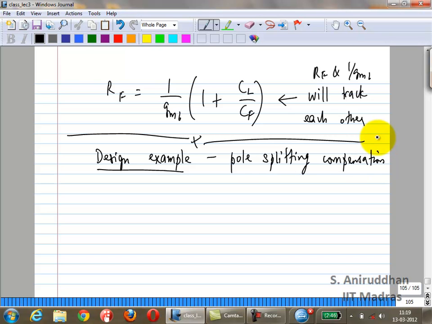Okay, so I'll give you the specs. We'll do it very similarly to what we did for the telescopic. So I'll give you all the relevant specs.